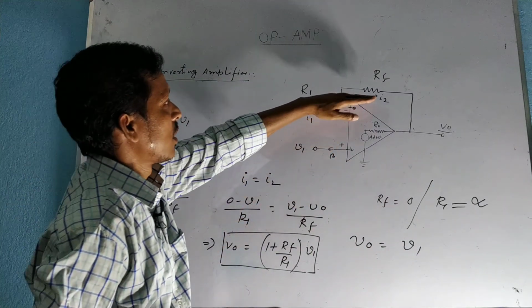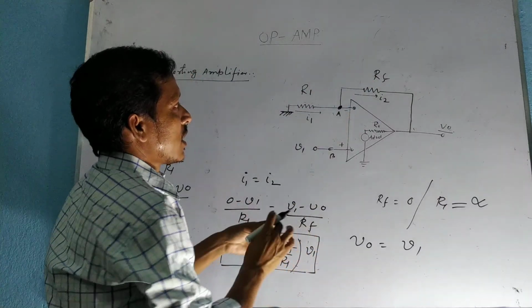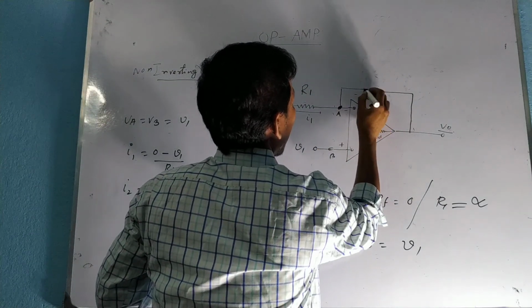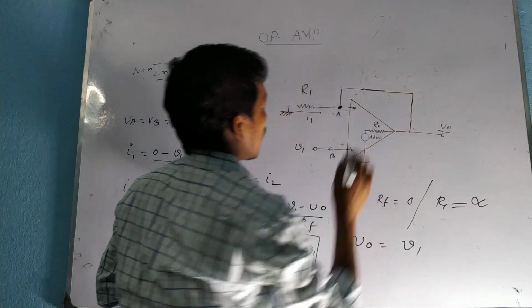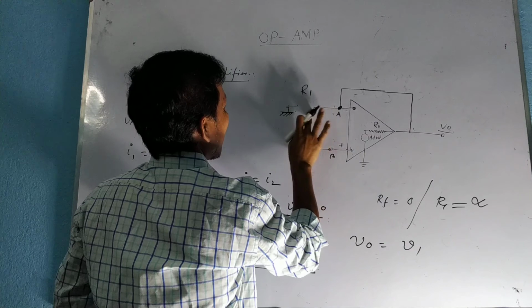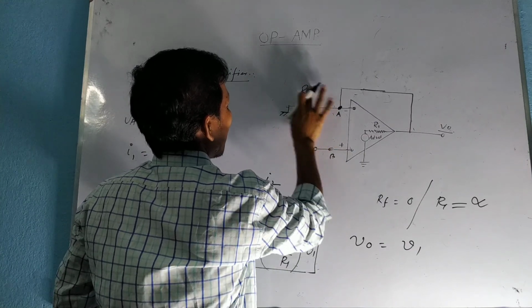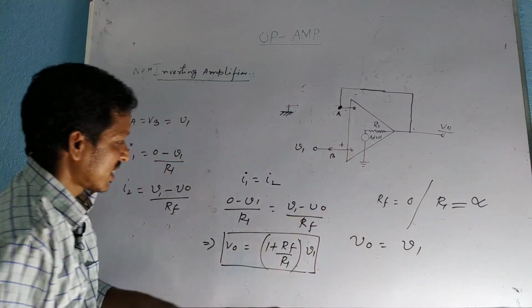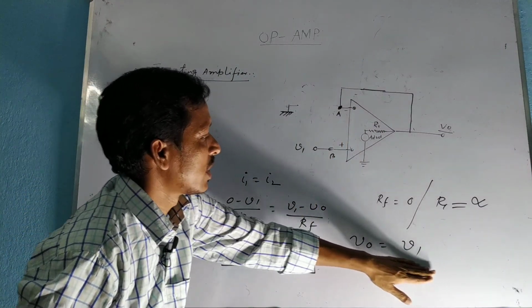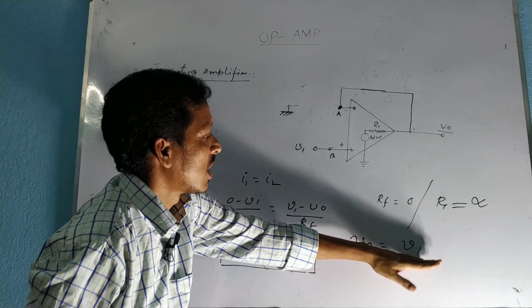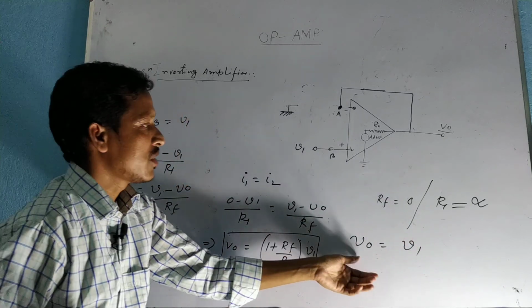If we choose RF equal to 0, RF equal to 0 means this will be a short, and R1 is infinity. This is the circuit. So in that case, V0 is equal to V1. Whatever be the value of V1, the output will be the same. V0 is equal to V1.